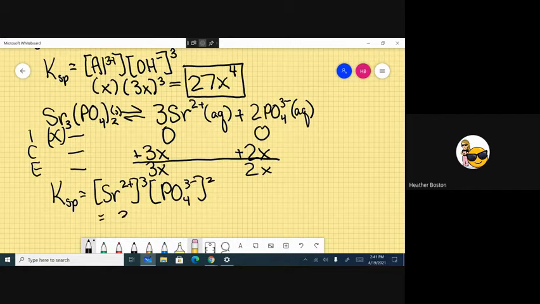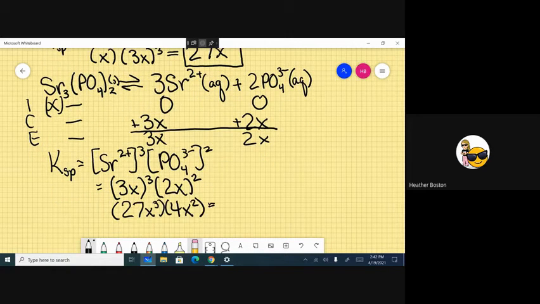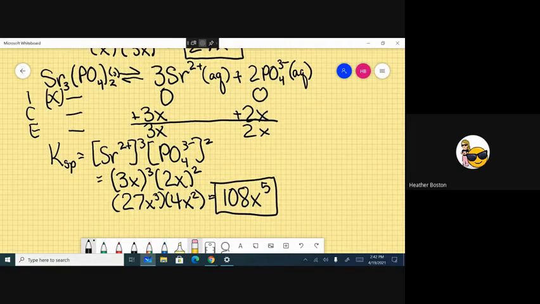Plug them in. 3x to the 3rd and 2x squared. You see it yet? That's every time you have 5 ions. This problem you'll solve is 108 x to the 5th.